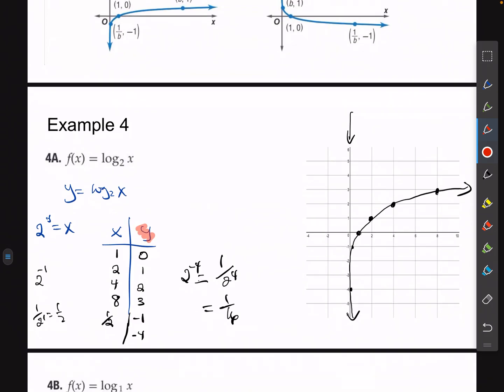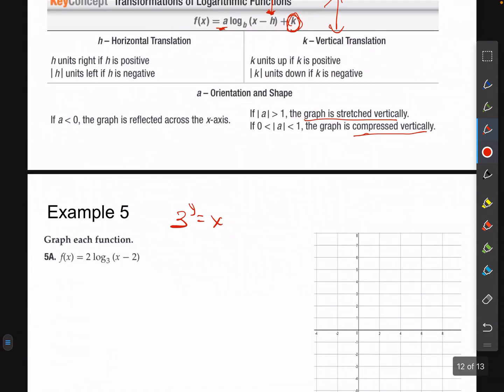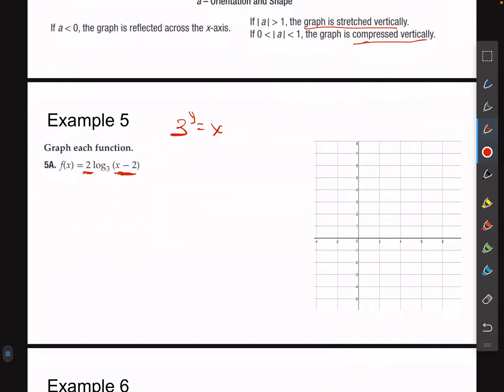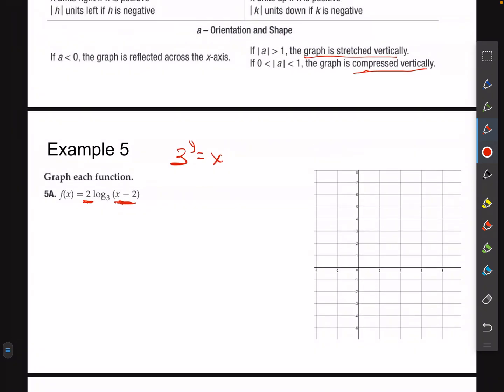But now what we're doing is we're shifting this 2 to the right, and then we're stretching it. You don't fully need to know that. What you could do is just continue doing what we've been doing, and we can write up something new. We can say 3 to the y is equal to x minus 2.